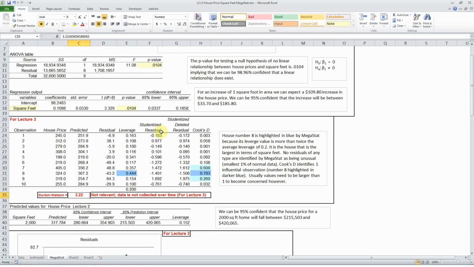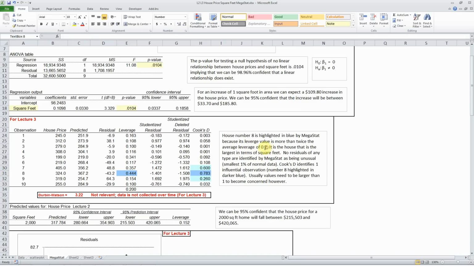But in terms of unusual data points or influencers, you can see that Megastat put these in blue because it says that the leverage is a little too high, a little more than twice. In terms of square feet, the value is more than twice the average value.